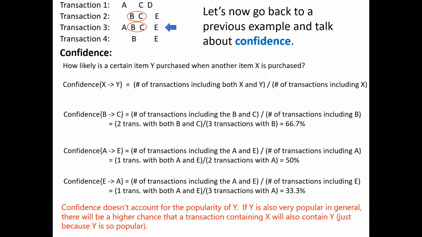If we're talking about confidence of X arrow to Y, meaning how likely is it that Y would be purchased given that X is purchased, then confidence does not account for the popularity of Y. Because if Y is very popular in general, then there's going to be a higher chance that any transaction including X will also contain Y, because Y is just popular in general. Hopefully you can see what I'm saying, but the point is that confidence is not something by itself that we can really use too much.